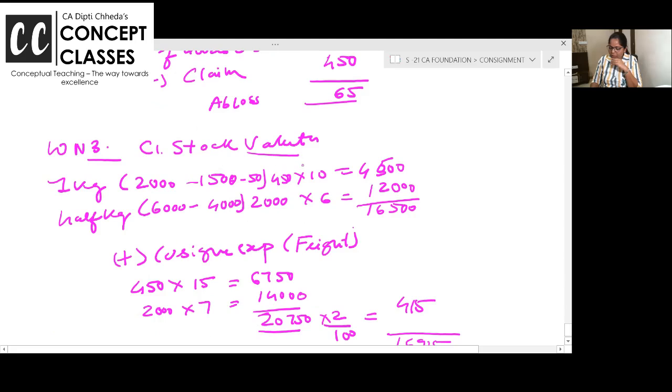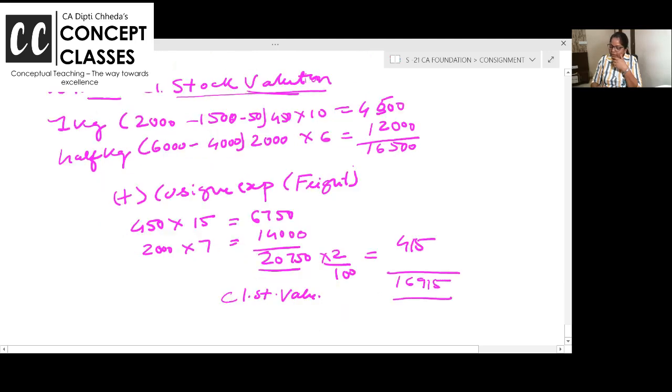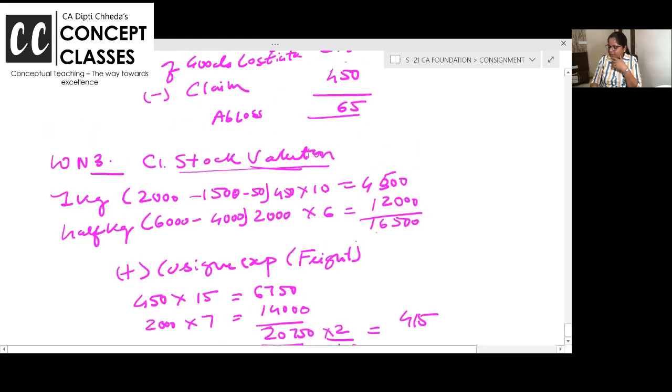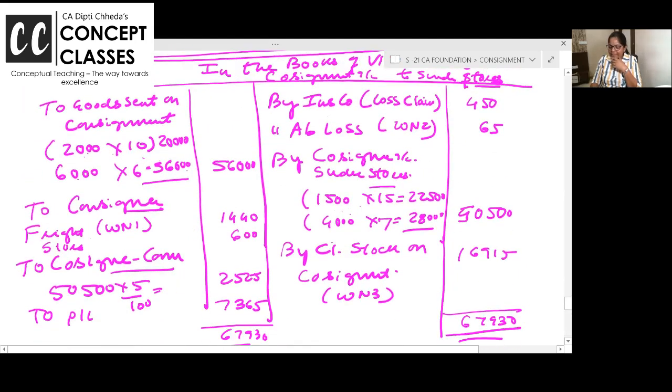Now closing stock valuation. One kg, half kg packets, whatever is there, expenses are incurred, freight, and we get the closing stock. Easy. Both the problems are clear.